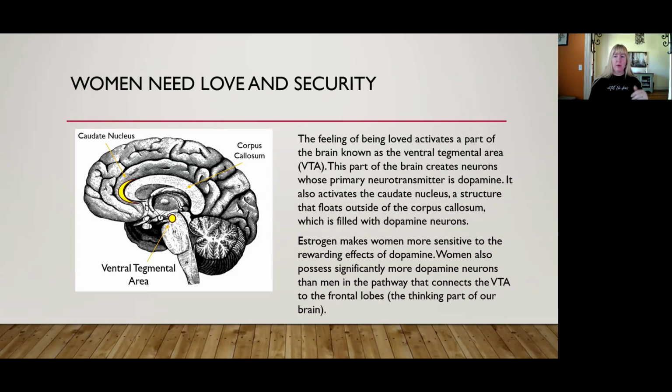Now, one more thing I'm going to say about the brain, how it relates to this within the wife. The feeling of being loved activates a part of the brain called the ventral tegmental area. Okay. It's that yellow dot that's on the screen. Okay. And you can see that it sits right underneath the limbic system, right at the top of the spine.